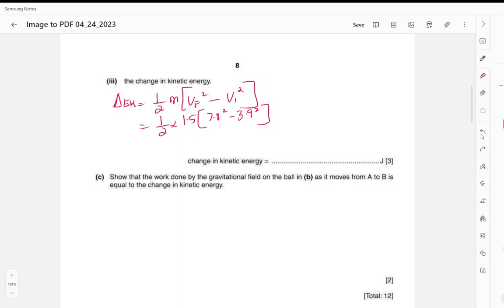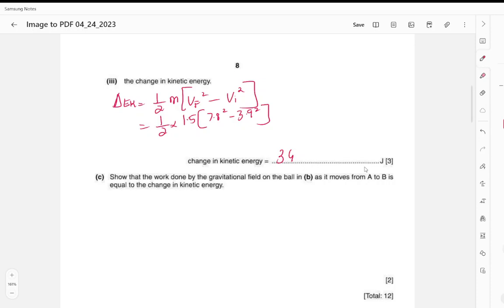Don't do that. So 0.5 multiplied by 1.5 multiplied by brackets, 7.8 squared minus 3.9 squared, bracket closed. And the change in kinetic energy is roughly 34 joules.